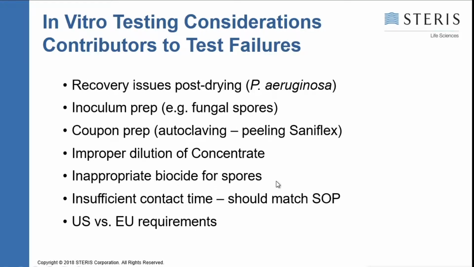Inappropriate biocide for spores. Many of your compounding pharmacies actually think that 70% IPA kills everything in the clean room. It's not true. You need to have a contact time in your coupon studies that matches your SOP. And remember US versus European regulations in terms of test method, log reduction, contact time, they can be slightly different.